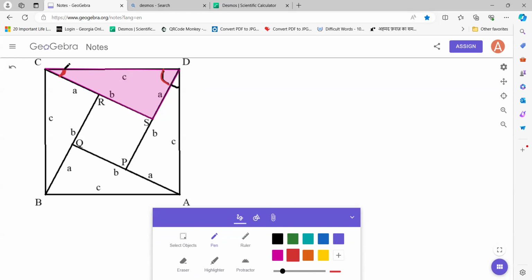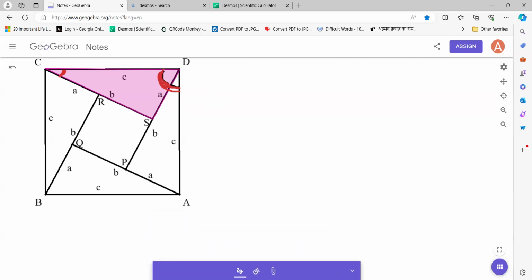And these two angles marked red add up to 90. So this angle must be 90. And each side is C units long because they are the hypotenuse. So ABCD is a square.